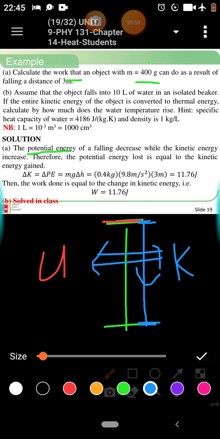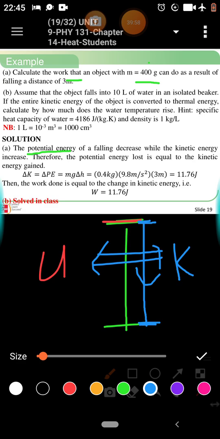It will have gained the same amount of energy that it had due to the potential. That's why you say the potential energy loss is equal to the kinetic energy gained.